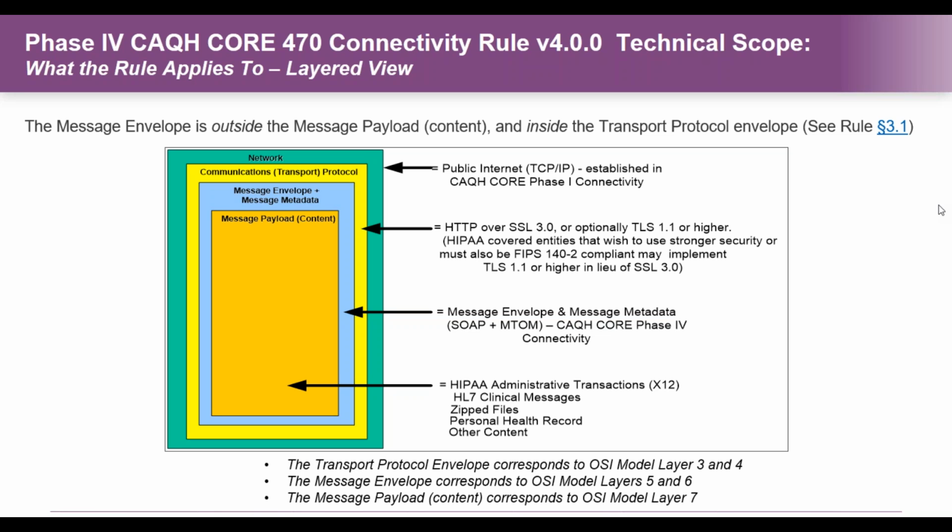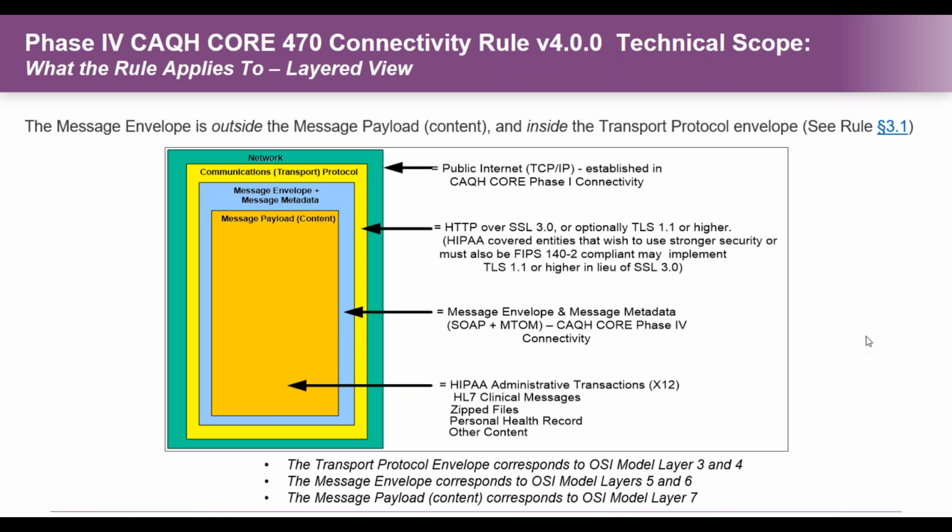So the layer outside of that, shown in blue in the rectangle, is the message envelope layer. This is the SOAP and MTOM message envelope. And then the layer one level outside that is the transport, the HTTP and SSL layer. And the final layer that's shown in green is the public internet, that's the TCP/IP layer.